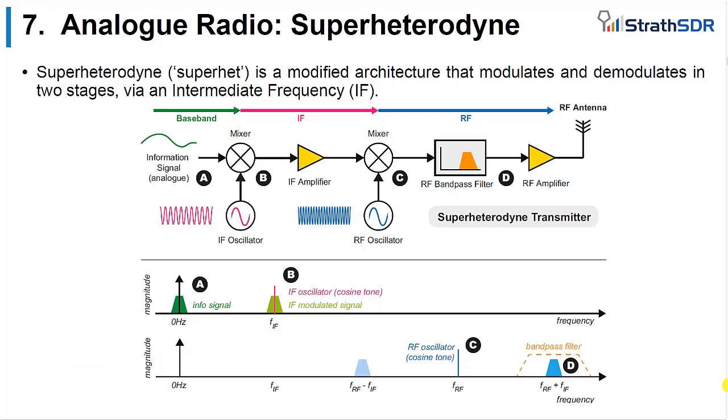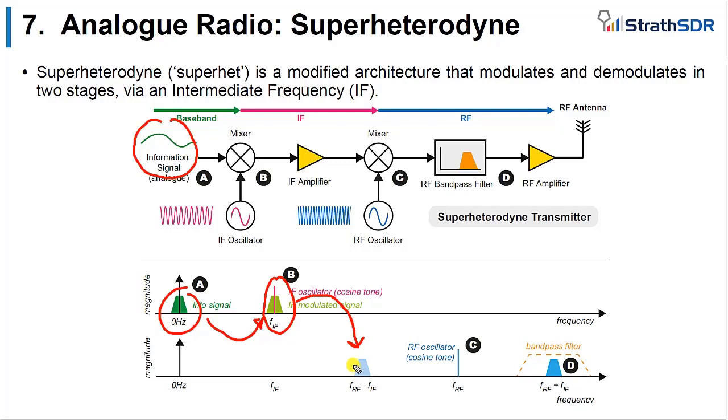We, of course, have the concept of the superheterodyne transmitter receiver, which has been around for some time. One of the ideas here is that it will take our baseband signal and modulate from baseband to an intermediate frequency. This is for ease of design. And then after the intermediate frequency, we'll modulate again onto our suitable RF signal.